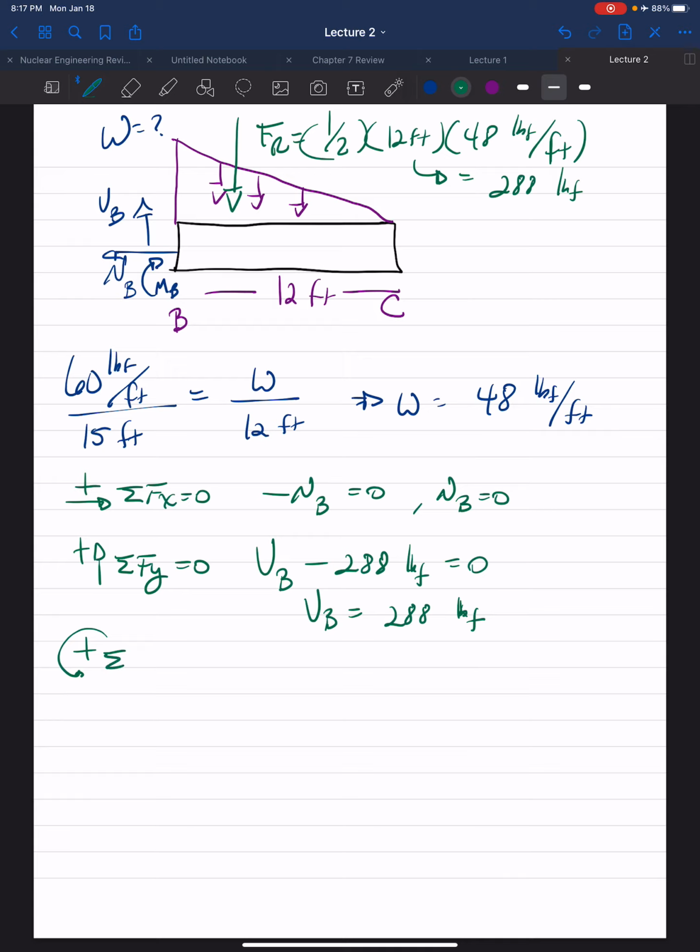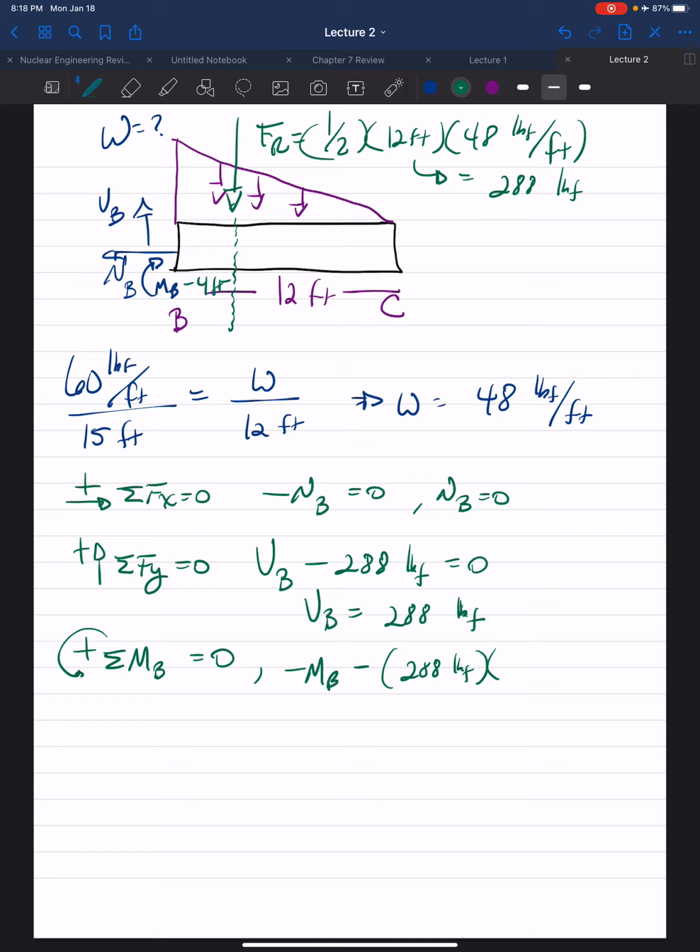So we'll take the sum of all our moments about point B. So we have to count our bending moment. Remember, clockwise rotation is negative. Counterclockwise is positive. That's our orientation. We have to take into account the 288 pound force from the resultant loading. And its perpendicular distance to point B is causing a clockwise, so negative. So it's minus the 288 times the perpendicular distance to point B. This is 4 feet.